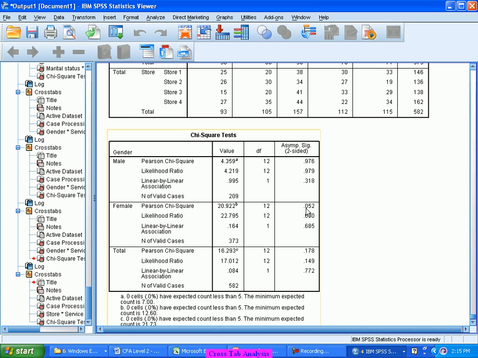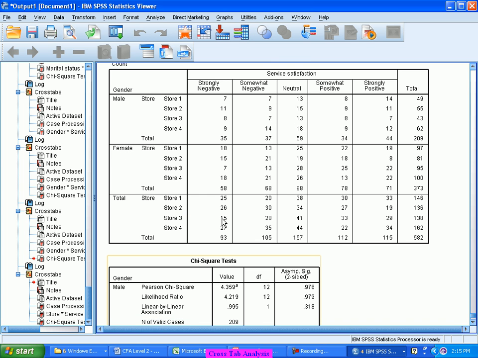Here what we are seeing is that the satisfaction level of the females across the stores is different. Here what is it that we are saying? Store versus satisfaction level.